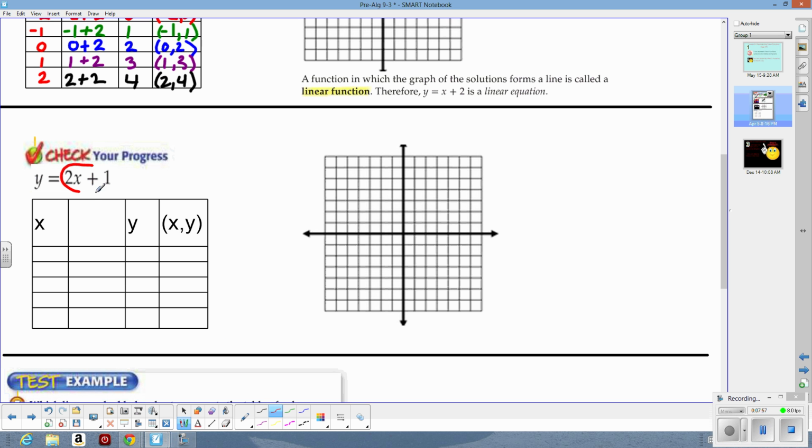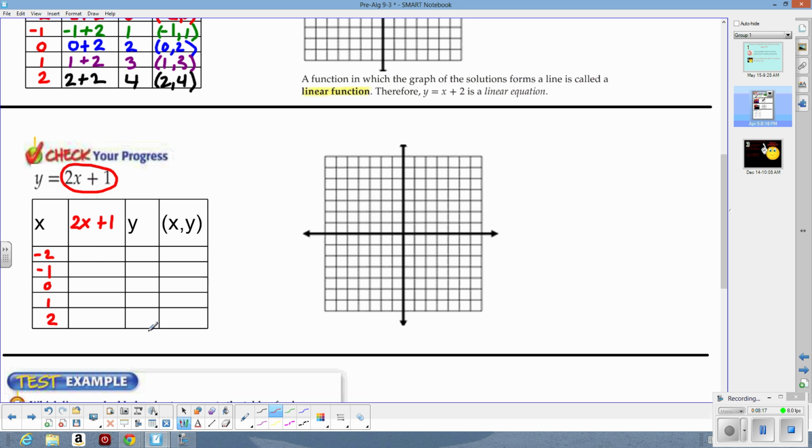Again, this part right here, whatever y is equal to, goes right here for our work. 2x plus 1. I'm going to go ahead and plug in some numbers such as negative 2, negative 1, 0, 1, and 2.